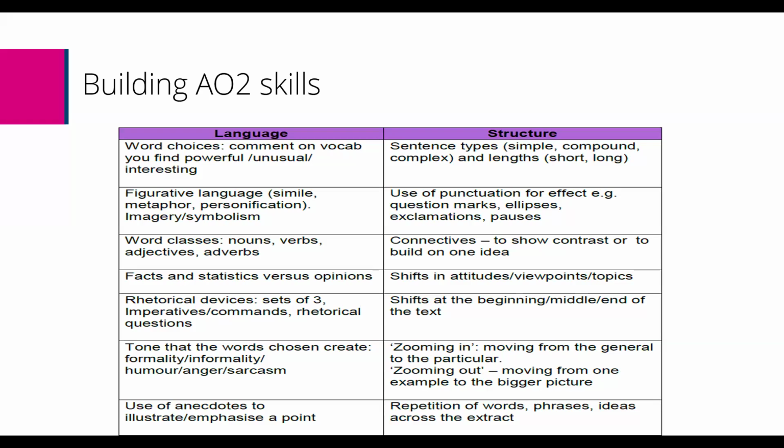So this assessment objective goes across both papers. It's useful for the anthology text, but it's also good for the unseen text and the comparison question. So just a few things for you to think about. As I said, it's not exhaustive.